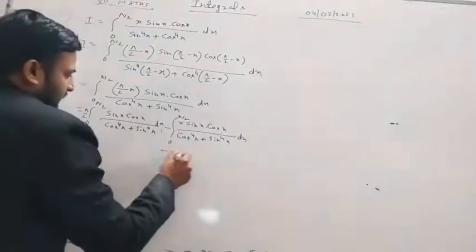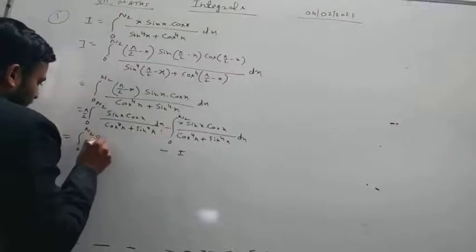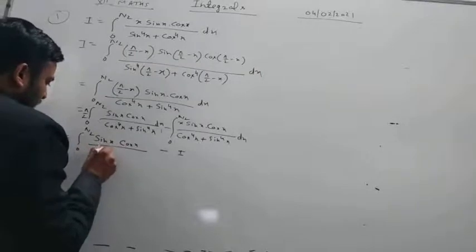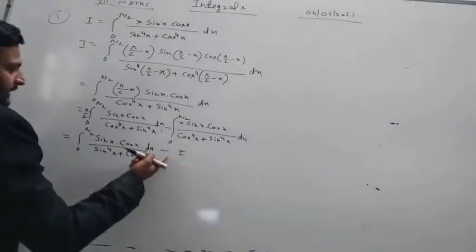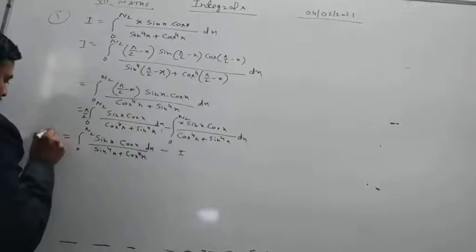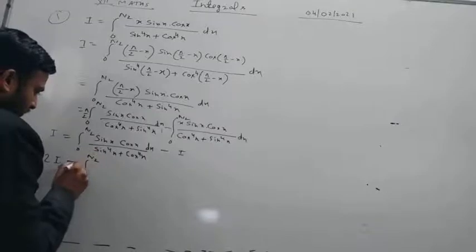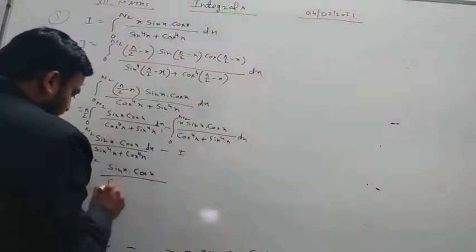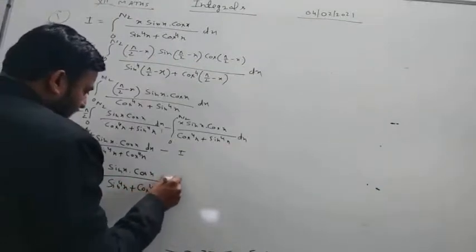So in place of this we can write I, and taking it to the left hand side, we get 2I is equal to the integral from 0 to pi by 2 of sin x cos x by sin to the power 4x plus cos to the power 4x dx.